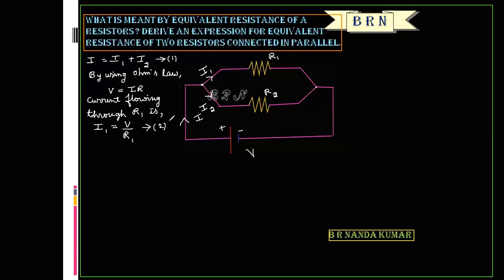And what amount of current is flowing through R2? Very simple calculation, right?